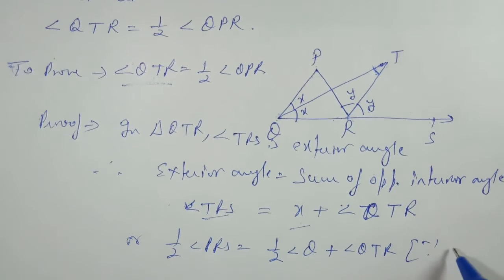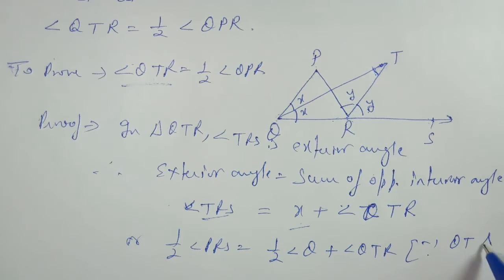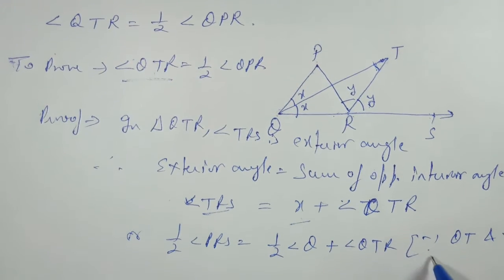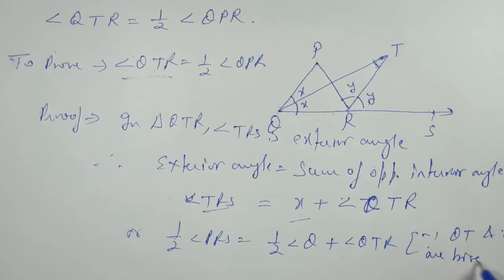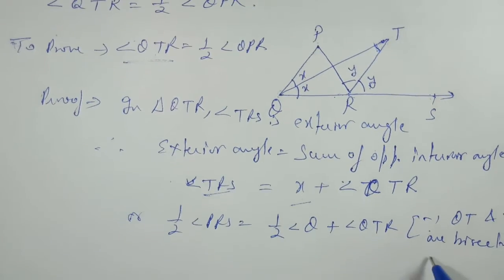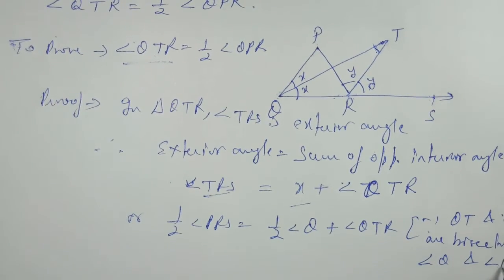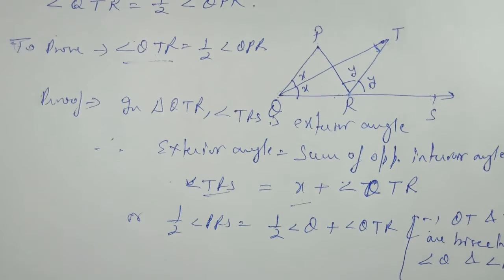What is the reason? Since QT and RT are bisectors of angle Q and angle R, that's why we are taking it.